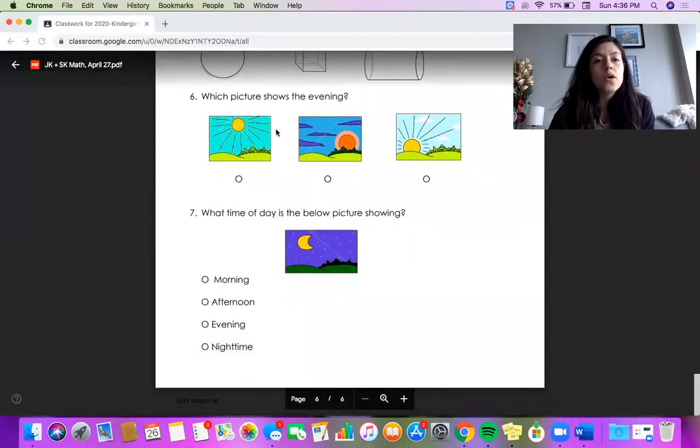Number 6, which picture shows the evening? And last question, number 7, what time of day is the below picture showing? Morning, afternoon, evening, or nighttime?